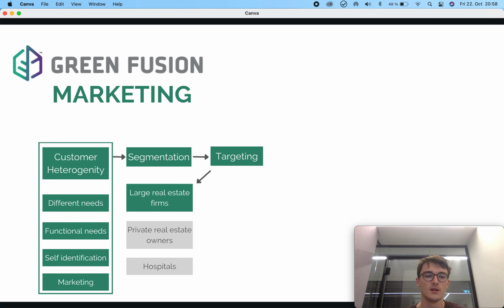So basically, private real estate owners tend to have a house that's rather small and has a very simple heating system, so there's not a lot of room for huge efficiency gains and therefore big cost reductions, which would justify a larger price for the software, because there is an implementation cost for Green Fusion for every project.